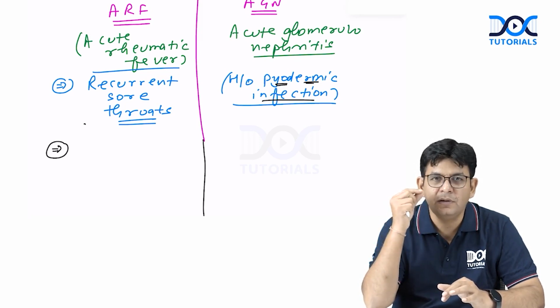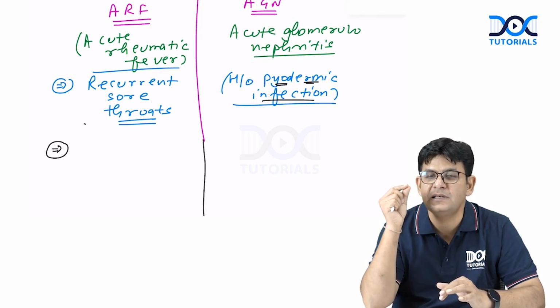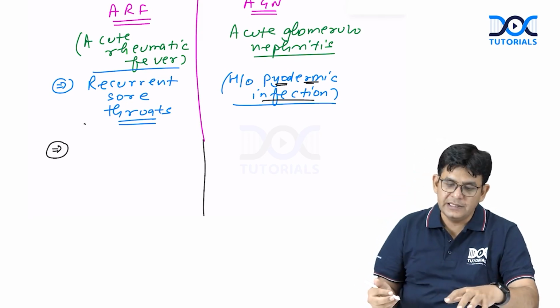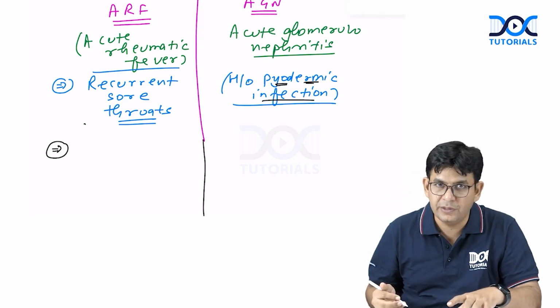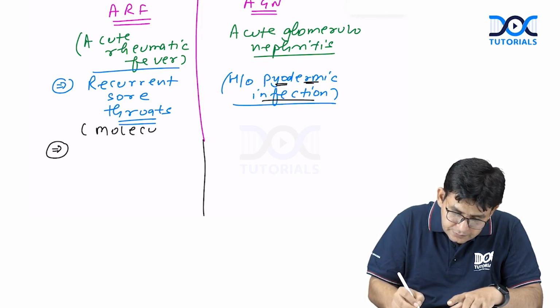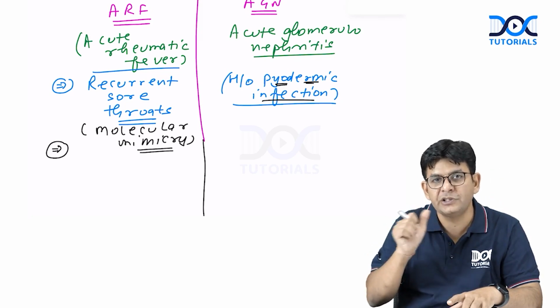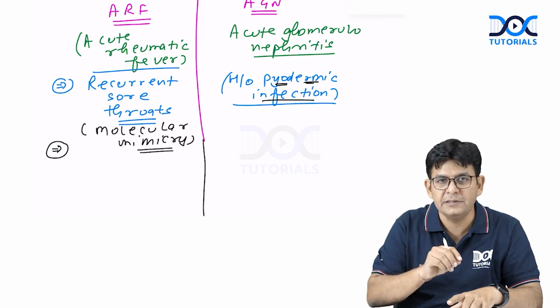You must be remembering, carbohydrate C cross-reacts with cardiac walls, and the M protein cross-reacts with myocardium. And they cause this damage. This phenomenon is termed as molecular mimicry.